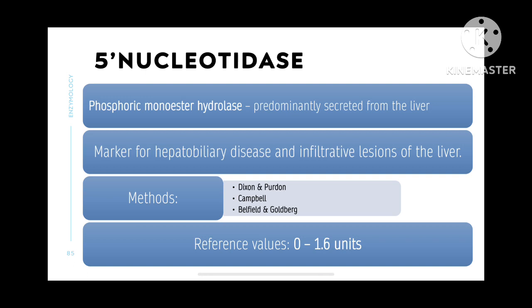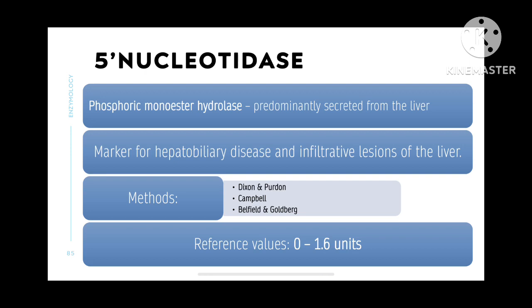5-nucleotidase. This is a phosphoric monoester hydrolase predominantly secreted from the liver. This nucleotidase enzyme is involved in the hydrolysis of a nucleotide to form a nucleoside and a phosphate. Due to this role, nucleotidase is known as a hydrolytic enzyme.